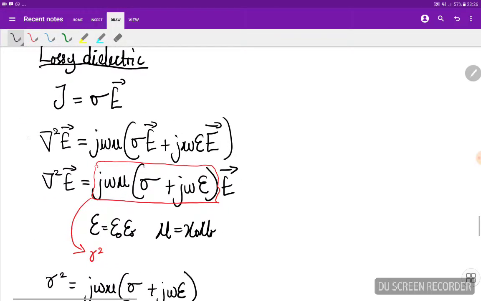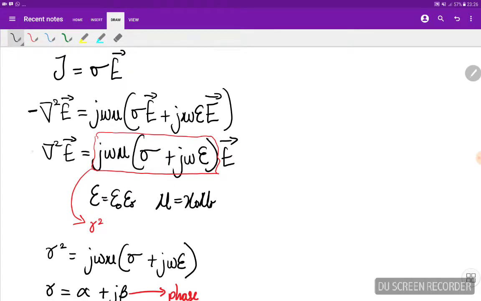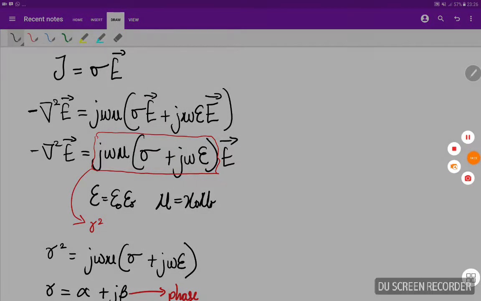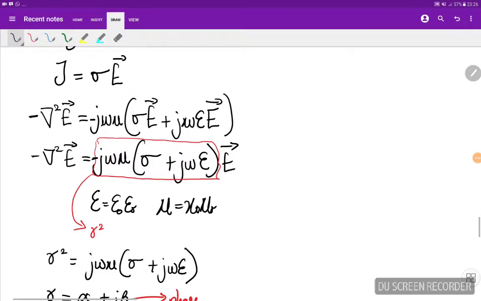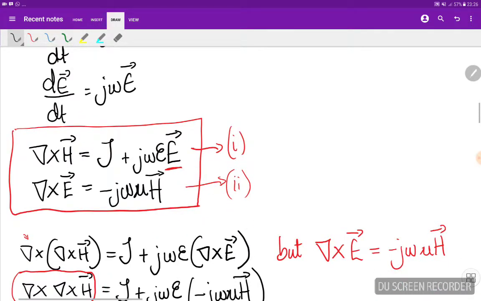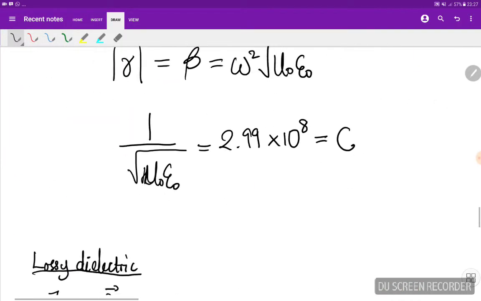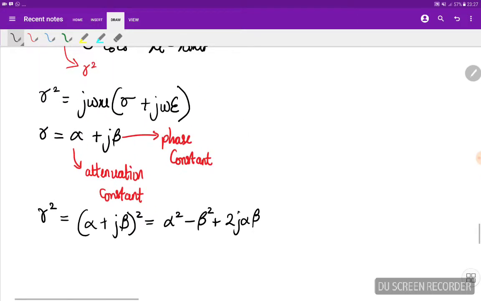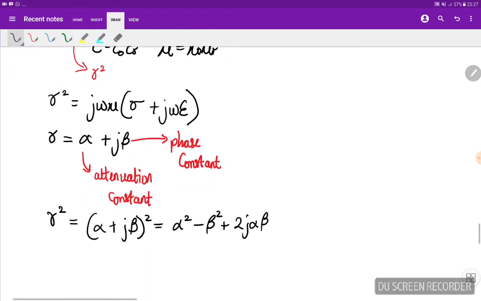Now let's look at the signs. Remember from the Maxwell equation way up there, it was minus j omega mu, so it's minus there. Going back down to the lossy case, the minus cancels the minus, leaving us with the plus that we had before. Just to correct a little thing there.